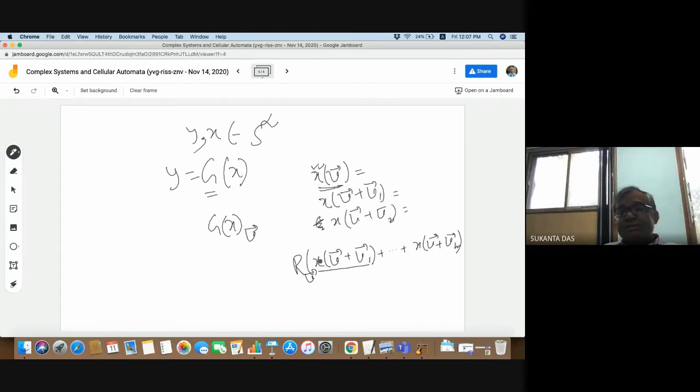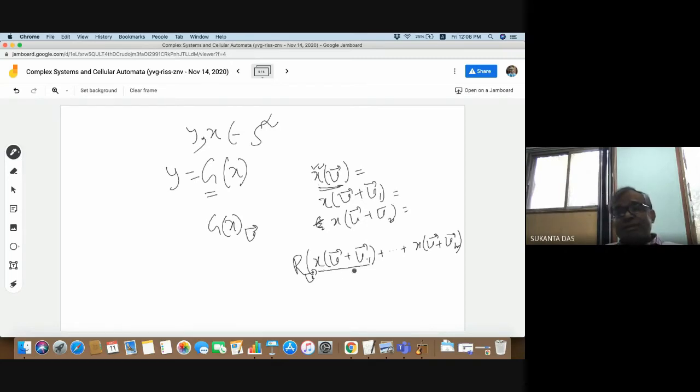Now here I can get for the given configuration X, I can get the state of these cells, right? V, its neighbor is V plus 1. So V plus 1, this is a new cell. The state I can get using this one. X is a function, configuration is a function.